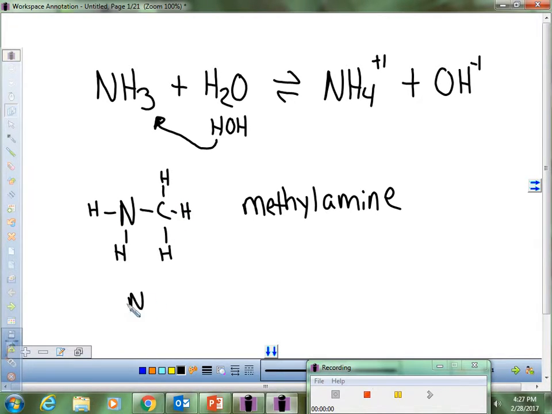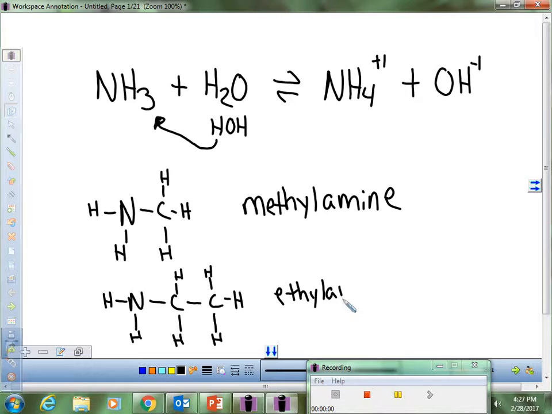If you saw something like this, and of course I'm drawing them out the organic way so you can kind of see it, not exactly correct organic wise, but if you saw 2 carbons attached to it, the prefix for 2 carbons is eth. So this would be an ethylamine. If you had 3 carbons, it'd be a propylamine, and so forth.